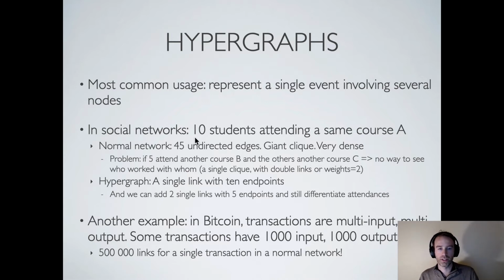But the problem is that if you want to say that all these students are connected because they attended the same class, then you have to add 45 undirected edges. This is a giant clique, it's very dense, and it's not convenient when studying networks. So it will be more efficient to use a hypergraph in this situation and say that the 10 nodes are connected by a single edge representing the reason why they are connected.